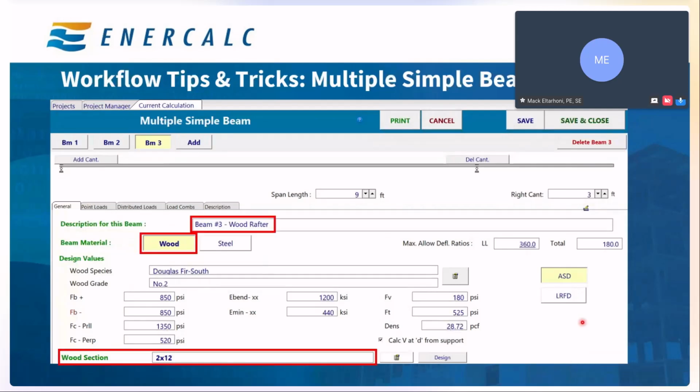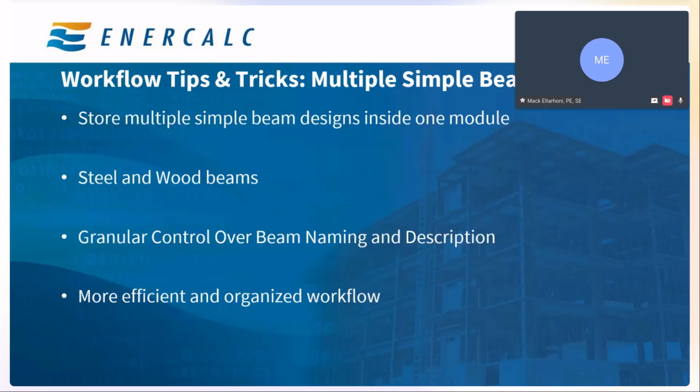So you can have all of that information wrapped up in one nice calculation, and you can do up to 12 beams in one calculation. You can toggle back and forth between all of them to see all of the information you need. In summary, you can store multiple simple beam designs in one module.